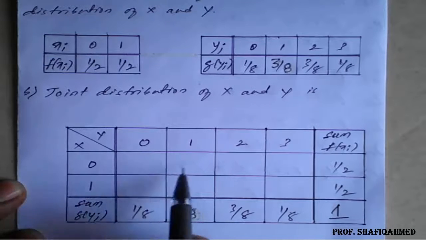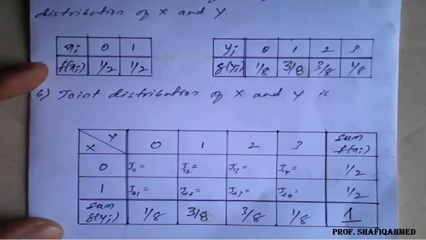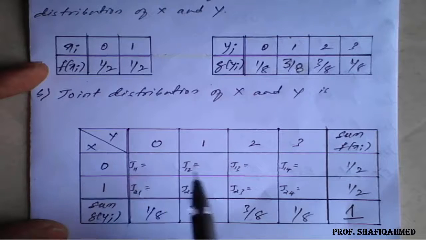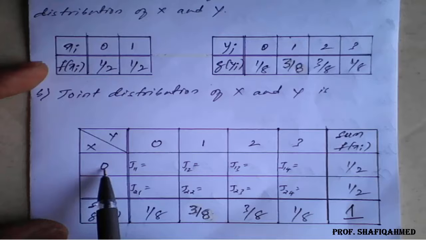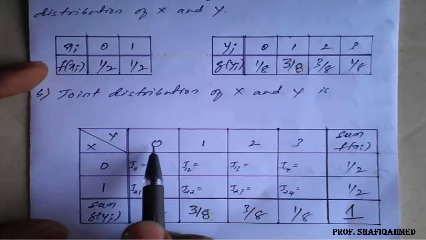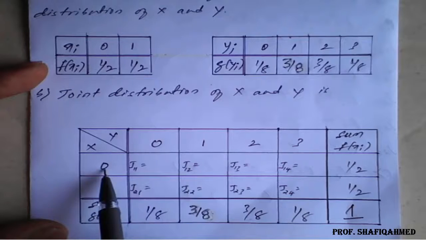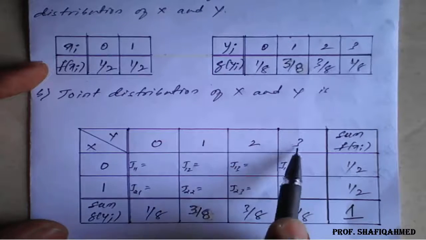Now we have to fill this data according to the formula. We need to fill these values: J11 is where we are supposed to get the answer, J12, J13, meaning the joint probability of the first value of x and first value of y, the joint probability of the first value of x but second value of y, first value of x and third value of y, first value of x and fourth value.